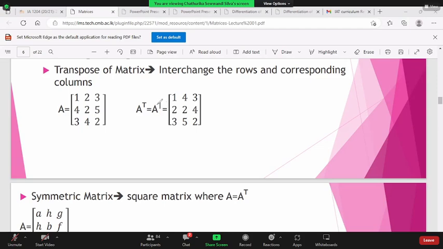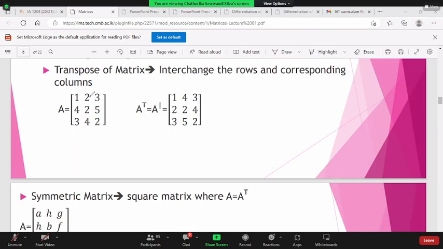Some reference books use T, but in some reference books they use this. Normally this is misleading when you compare it with the inverse. But for the inverse specifically, there is a different notation. Here, if you have just a straight line as a power, that also indicates a transpose.